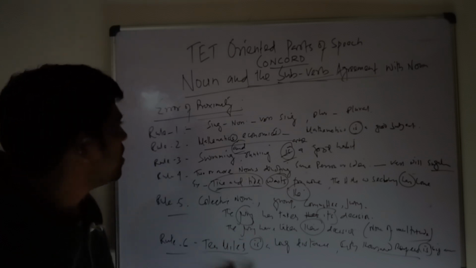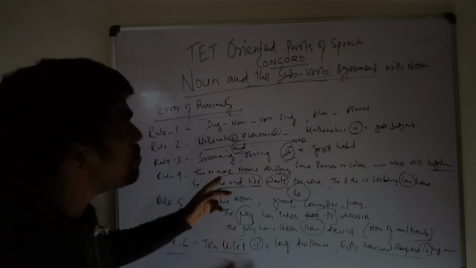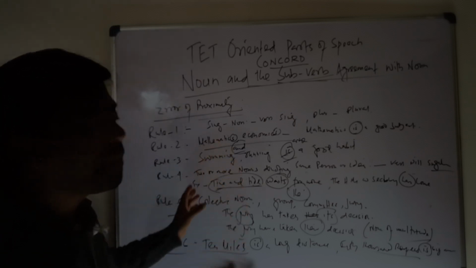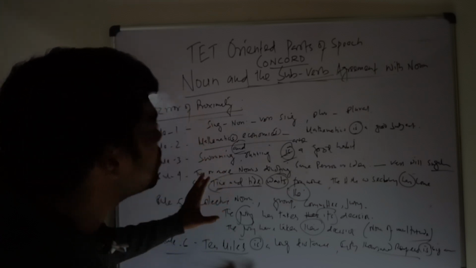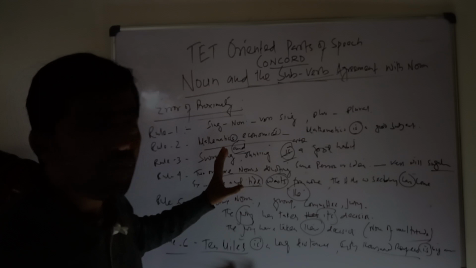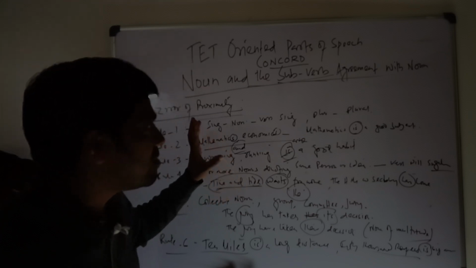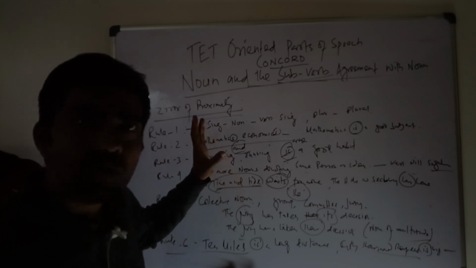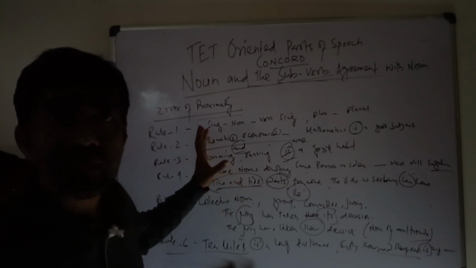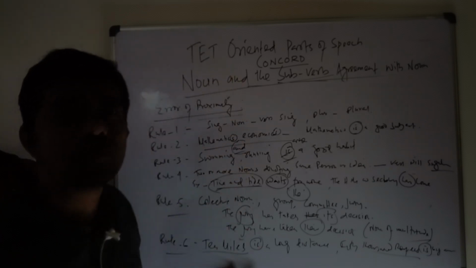So these are the six rules, and these are the most important rules in the perspective of nouns. These six rules are most important, and there is most probability of questions being generated from these rules.